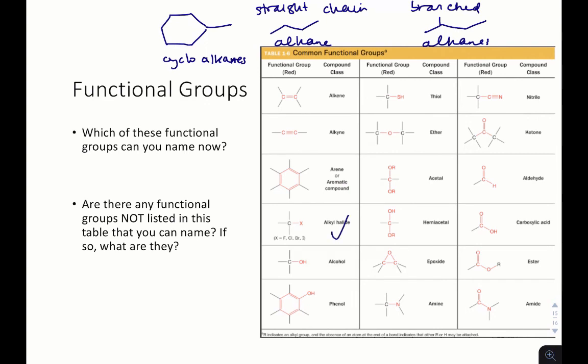We can name alkyl halides. We can name ethers. And is there anything not listed here that we can name? Yes, we can name nitroalkanes. So the only way to make sure you have this down is to go practice, practice, practice, practice.